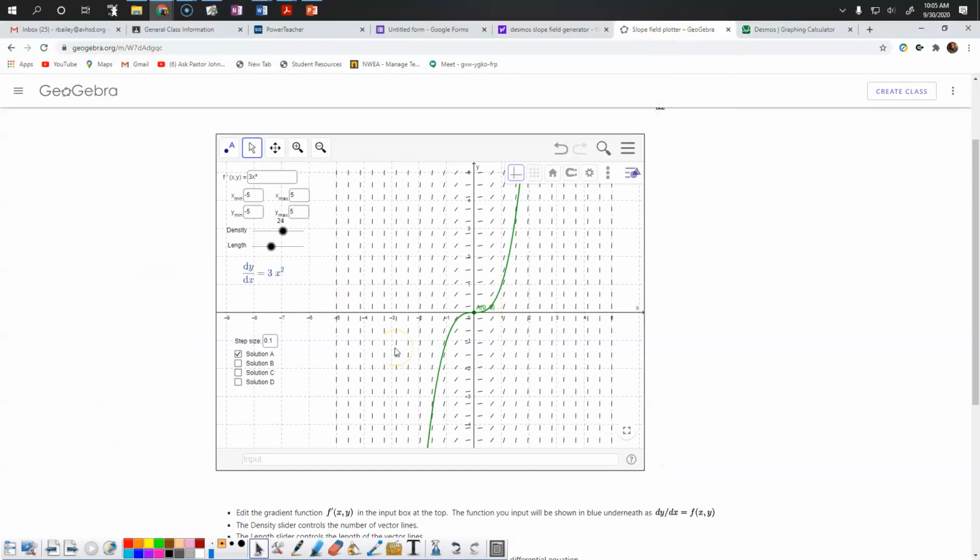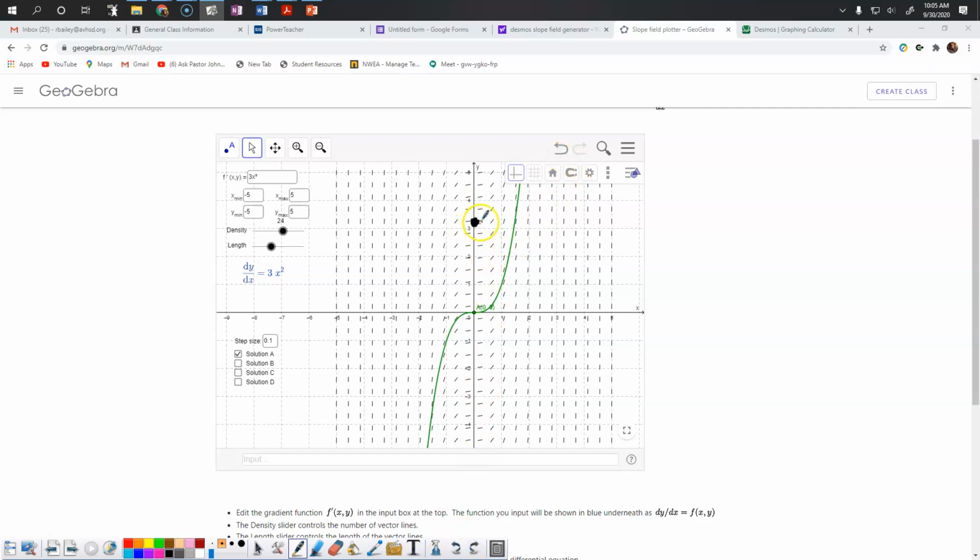But before we do that, here's what I want you guys to do. I'm going to put a dot somewhere on this slope field, like right here. And I want you guys to see if you can sketch a line that would go through that dot and follow the slope field. So once again, imagine this is like a river. And this dot that I just put here, imagine that's like a feather that I put in the river.